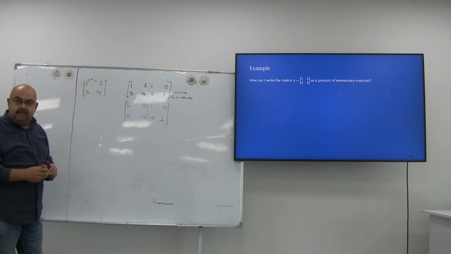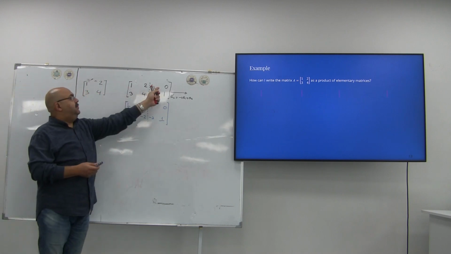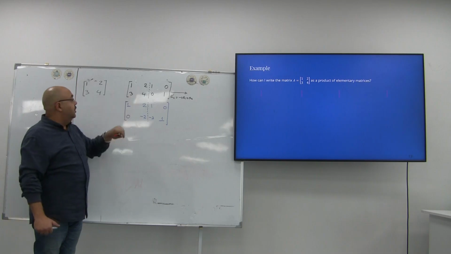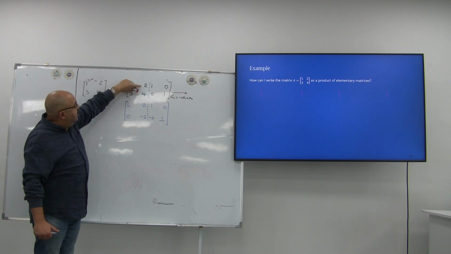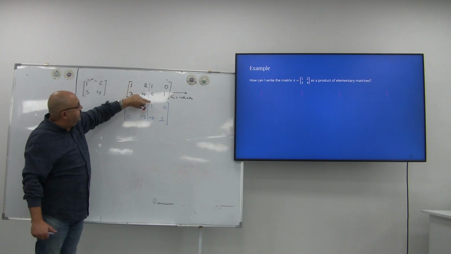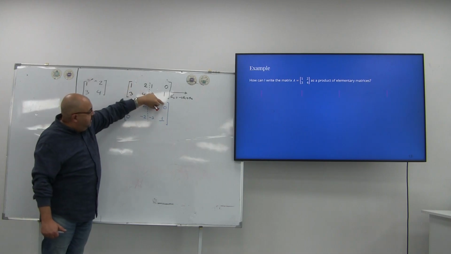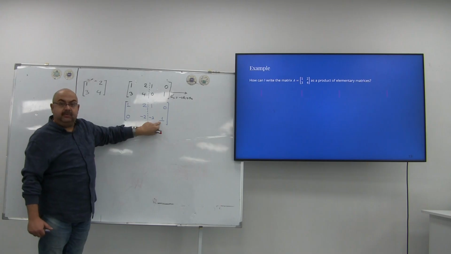So simply, Kareem, I've multiplied the first row by -3 and added it to the second row. So it's -3 plus 3 is 0, -6 plus 4 is -2, -3 plus 0 is -3, and -3 times 0 plus 1 is +1.